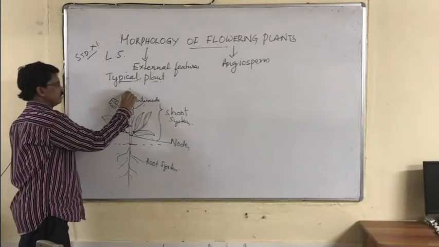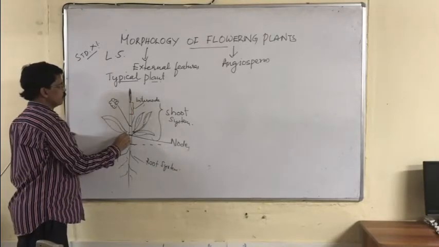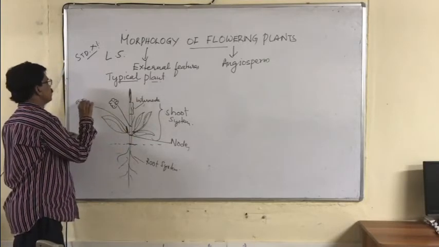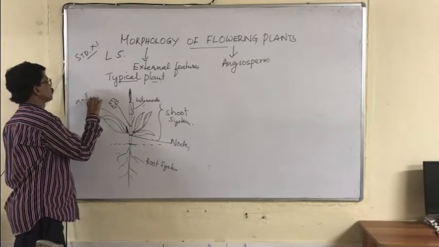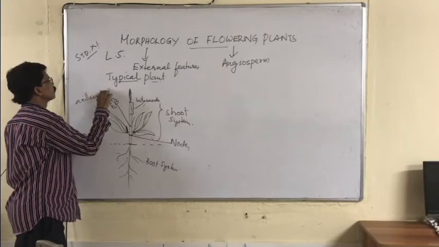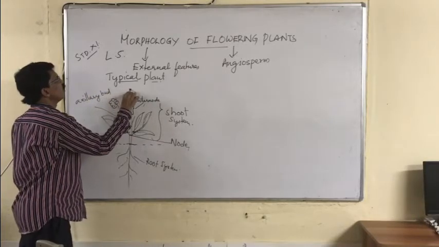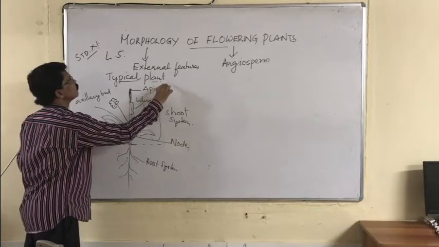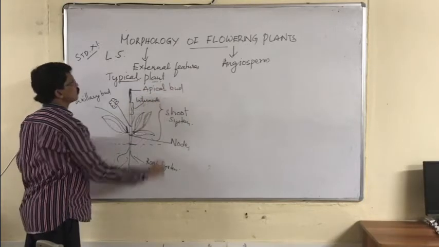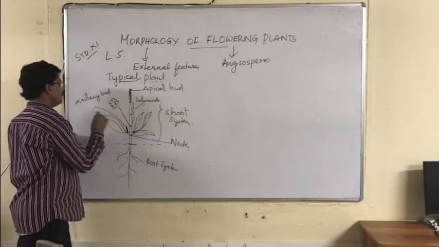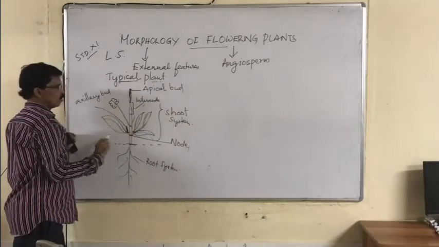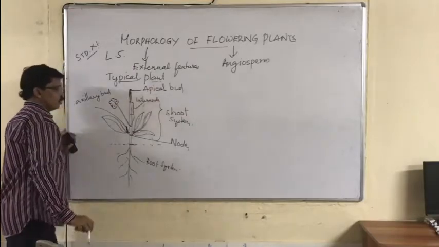This is the apical bud and this is the axillary bud. So apical bud, axillary bud, flowers, fruits, branches, everything together form the shoot system.